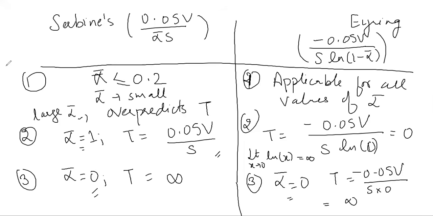There is another way of measuring this reverberation time, in terms of decibels. It's defined as the time in which your intensity drops by 60 decibels from the initial intensity. Not 60%, 60 decibel. Yeah, so it's this other definition.